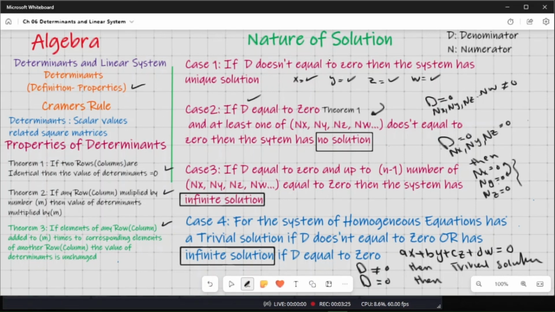Okay, and here we moved to Cramer's rule, which is used to get the solution of a linear system. And here we have the nature of solution of a linear system. We have here case 1, case 2, case 3, case 4 of homogeneous equation. I hope this lecture is clear and thank you.